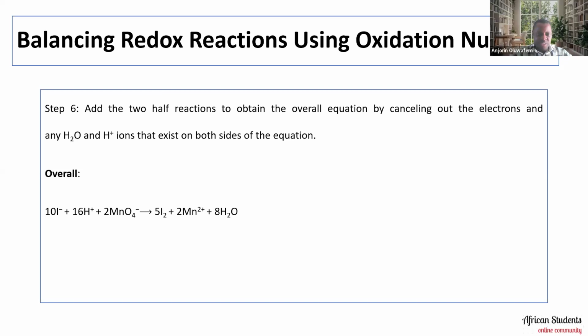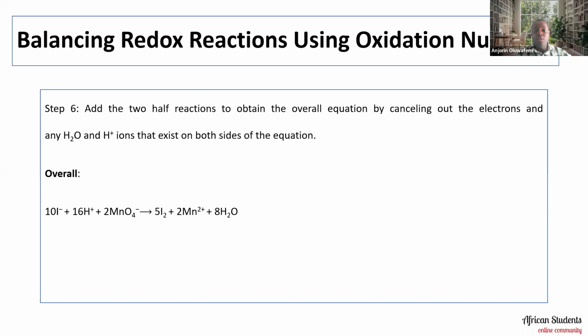Now, when you look at it critically, in terms of atoms, they are balanced. What you have on the left-hand side is similar to what you have on the right-hand side. 10 iodine on the left-hand side, 10 iodine on the right-hand side.